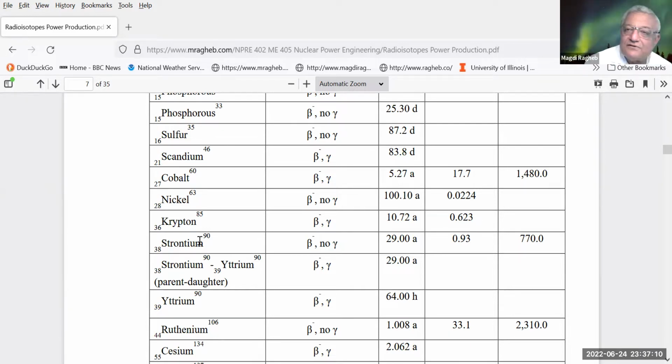Strontium has properties that mimic calcium because they are in the same column in the periodic table of the elements, and it is a product of fission. So it emits no gammas, and they built many of their devices that use radioactive isotopes using that strontium-90. It has a half-life of 29 years, very suitable half-life.